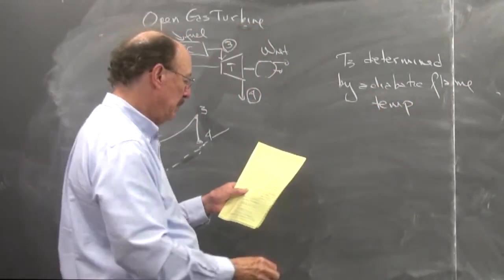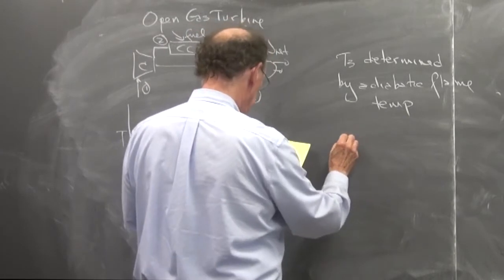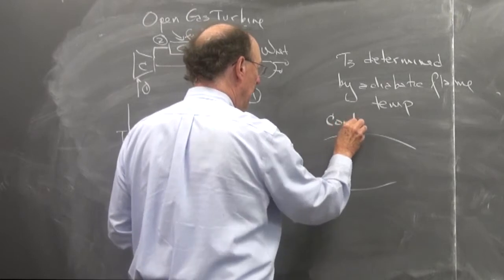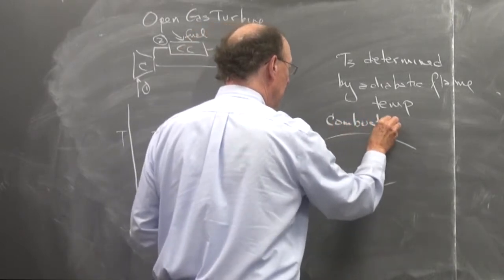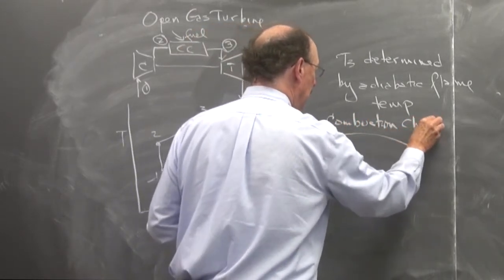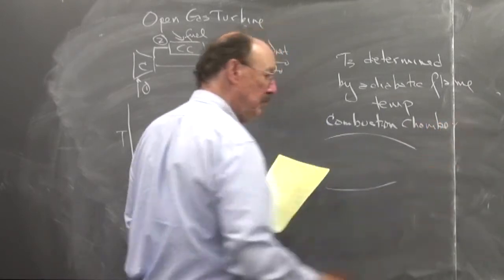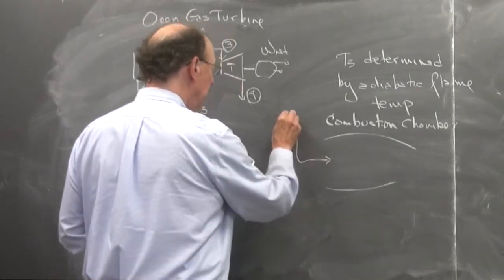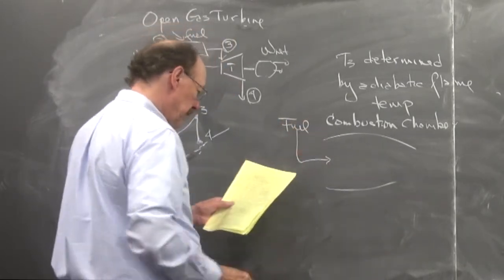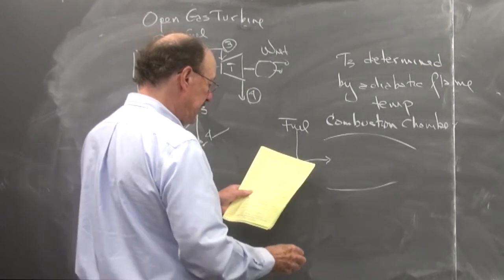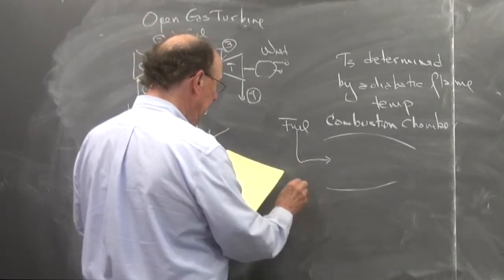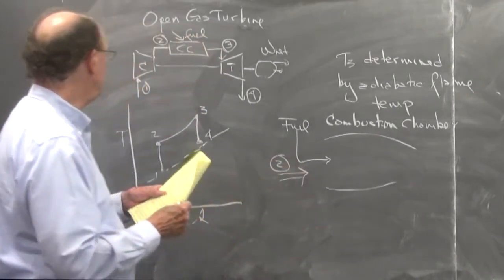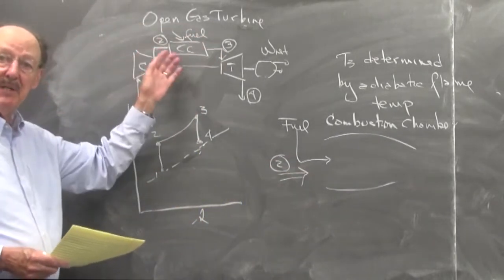And what happens with a combustion chamber, so if I take the combustion chamber like this, there's a lot of air blowing in here, so I'm going to have fuel come in. So the fuel goes in the center, and then I have the air coming in at state 2, right? So at state 2, the air is coming into the combustion chamber.